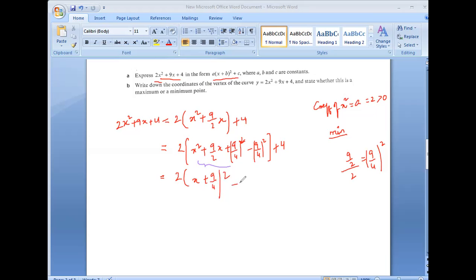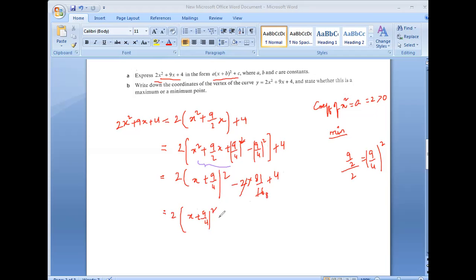This we multiply: 2 into 9 square is 81 by 4 square is 16, plus. Now simplify this. 2 into x plus 9 by 4 whole square as it is. Now 2 times 1, 2 times 8.